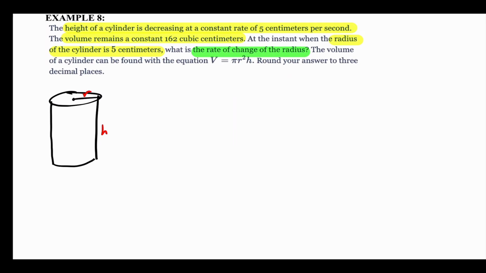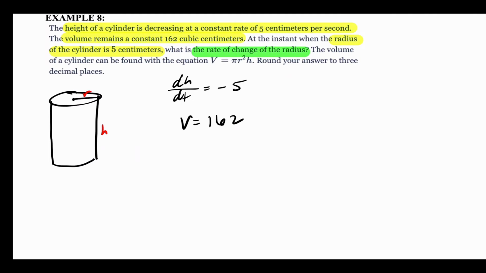The height of the cylinder is decreasing at a constant rate of 5, so that's dh/dt. It's decreasing, so it's negative 5. Okay, next one. Volume remains a constant 162. V equals 162. It's not a rate of a volume, it's just the volume.